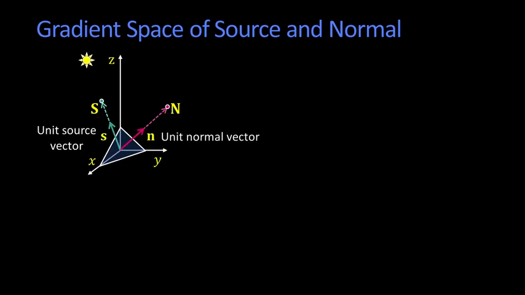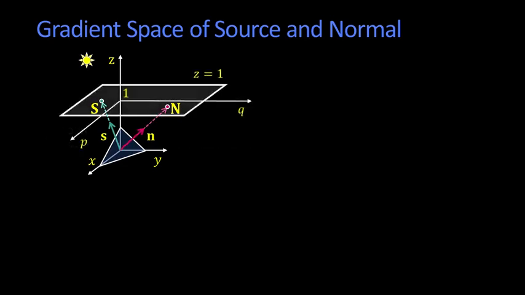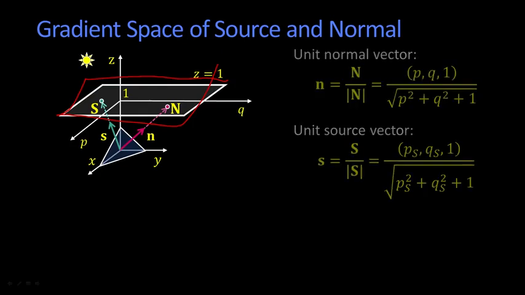Their unit vectors are small s, small n. So remember, I can project any vector up onto the PQ plane, and that's what this is. This is at the z equals 1 PQ plane. So I've got a PQ for the normal of the surface, and I've got P sub s, Q sub s for the vector that is in the direction of the light source.